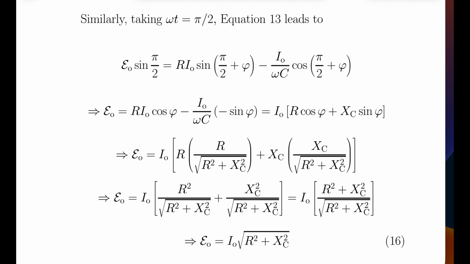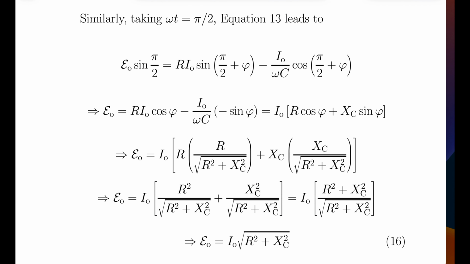Now take omega t is pi by 2. Then equation 13 gives you E naught sin pi by 2 on the left, and on the right side R I naught sin pi by 2 plus phi, minus I naught by omega C cos pi by 2 plus phi. Now sin pi by 2 is sin 90, which is equal to 1.